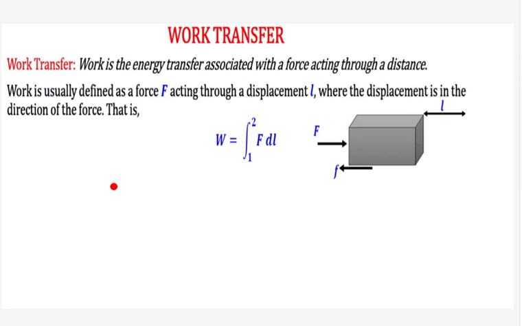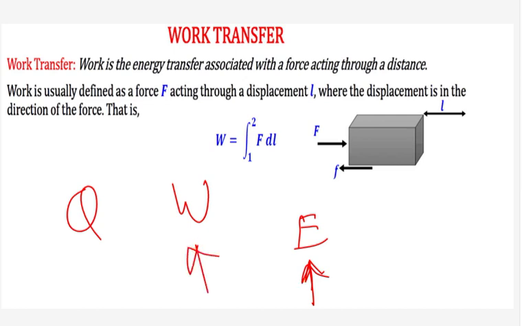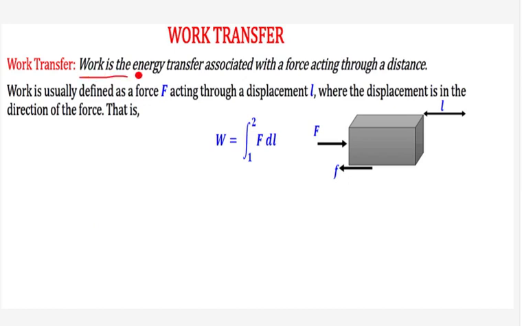We understood the total energy E. We have to study Q, we have to study work, and then the total energy E, which we already know about. Next we'll study work transfer. Work is energy transfer associated with a force acting through a distance. This definition comes from mechanics.